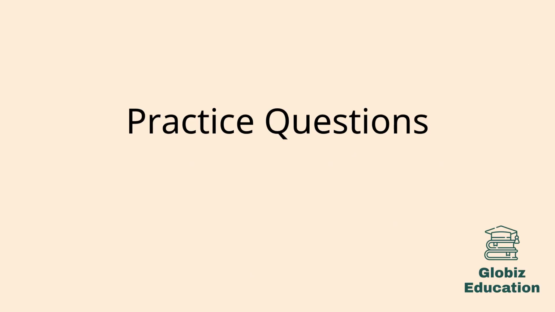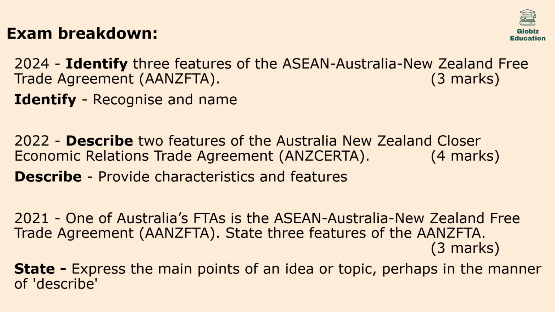I haven't written a model answer for this one, but I just wanted to point out a bit of a trend for this question in the last few years. You can see here that the question has not really been a higher order question. In 2024, all you had to do was identify, so recognise and name a feature of the ASEAN Australia New Zealand Free Trade Agreement, and you just wrote them down, pretty easy.